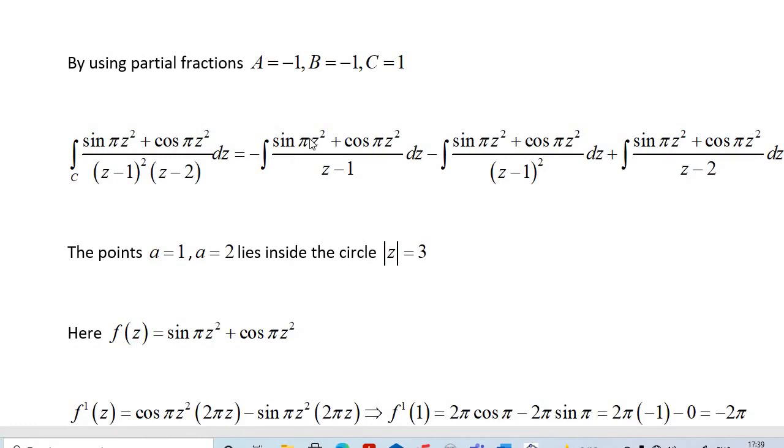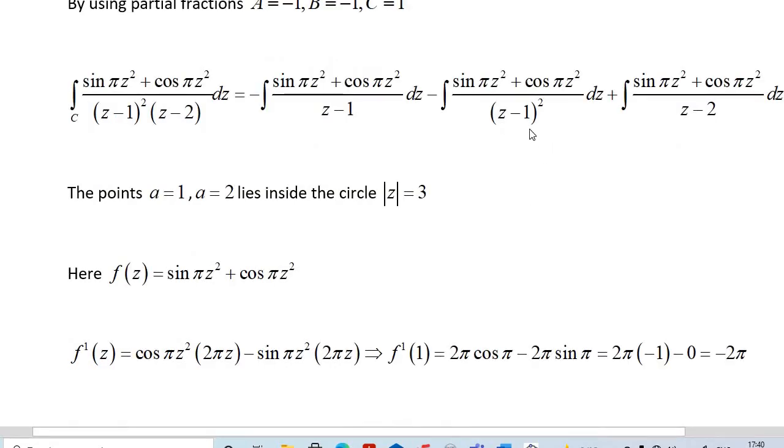So f(z) is this numerator. Here for this term n is 1, that's why we want to find f'(z). Sin πz² differentiation is cos πz², π is constant, z² differentiation is 2z. Cos πz² differentiation is −sin πz², π constant, z² differentiation is 2z.